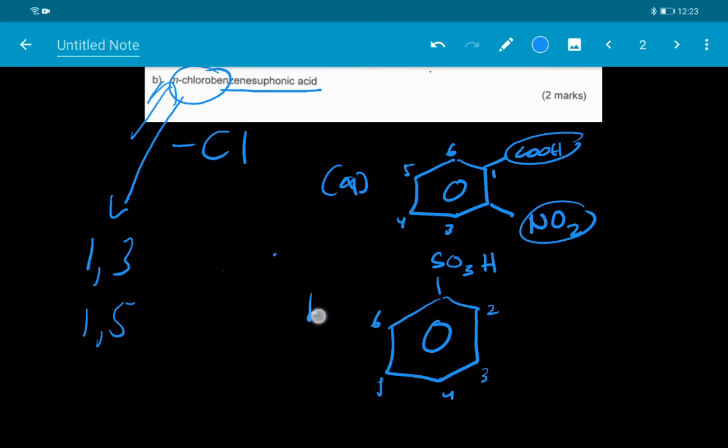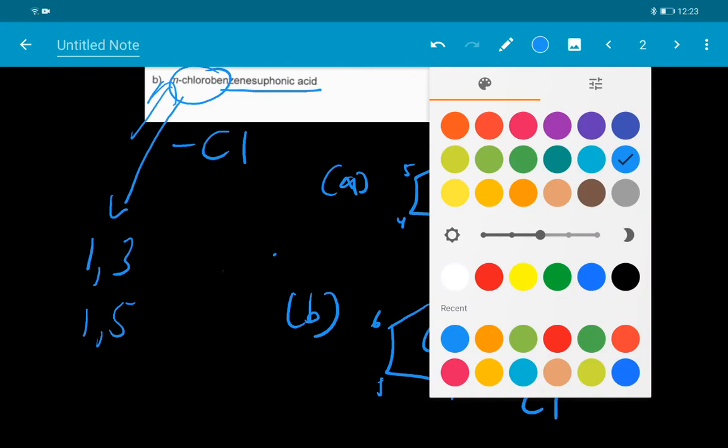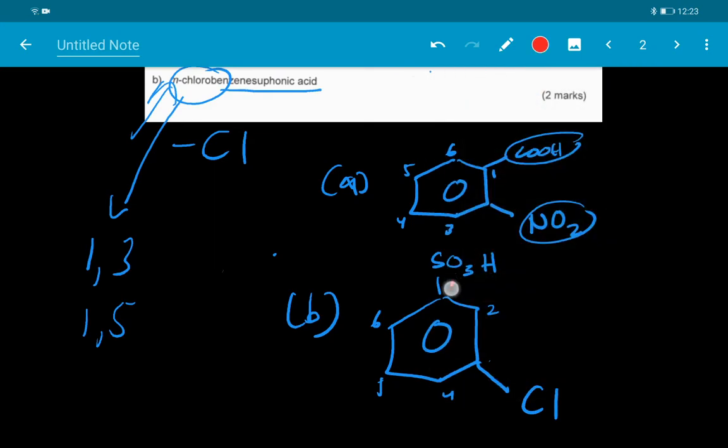So for this structure, it's stated as M. We're going to remove the H from carbon number 3 and then replace it with Cl. So there you have it, m-chlorobenzene sulfonic acid or meta-chlorobenzene sulfonic acid, because the position of the substituent is located between carbon number 1 and also carbon number 3. That's why this will be considered as meta.